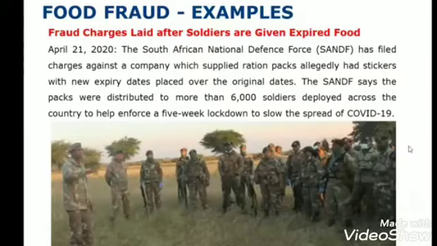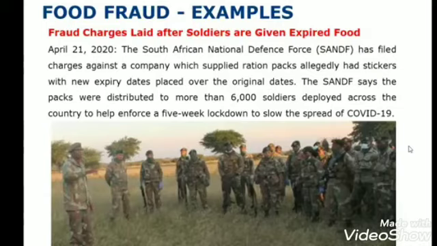Around 6,000 soldiers were deployed across South Africa, this is their national defense force, just like our military. And just imagine that the food distributed to these 6,000 soldiers was allegedly expired food that was restickered, relabeled, and distributed to them.